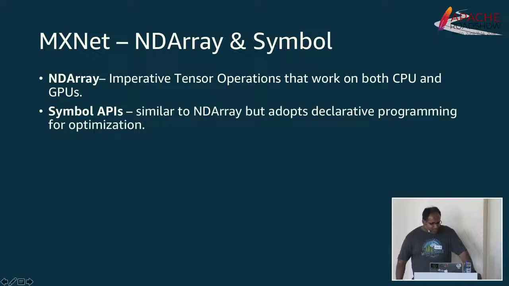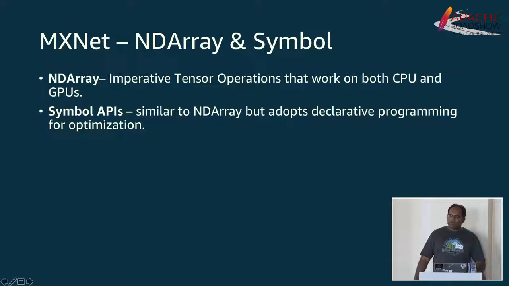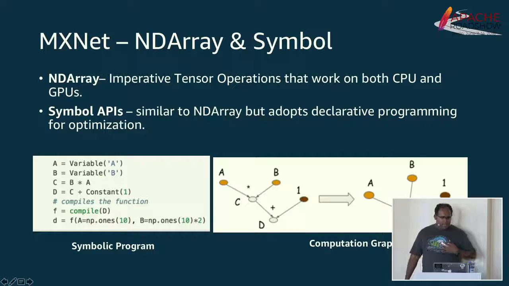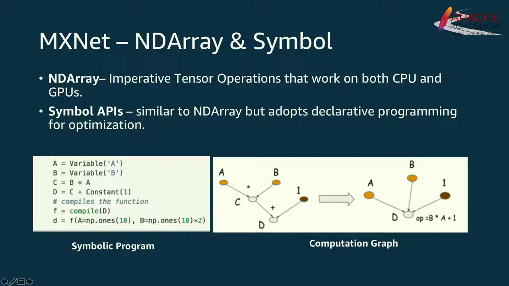Anyway, there's then the symbolic APIs. It is similar to NDArray, but adopts declarative programming for optimization reasons, where you create the graph first and then give it to the system to optimize it. In this example, we have two simple operations, C equal to B star A and D equal to C star 1. If you used NDArray, the numerical computation would happen as it sees the statements or the operations.